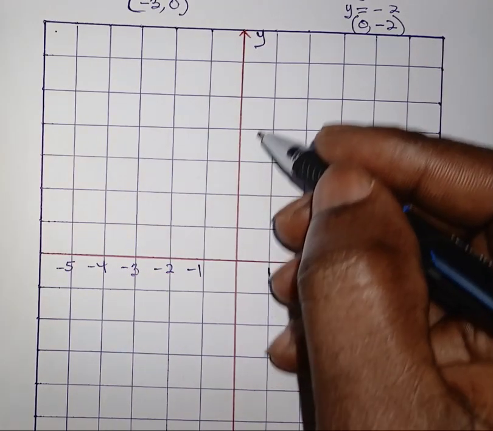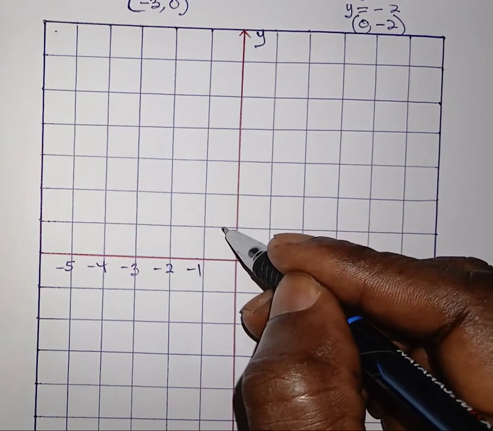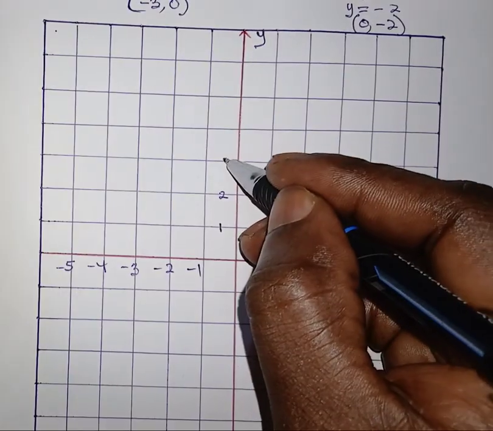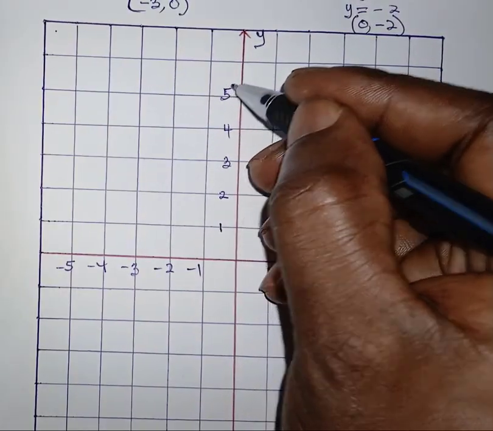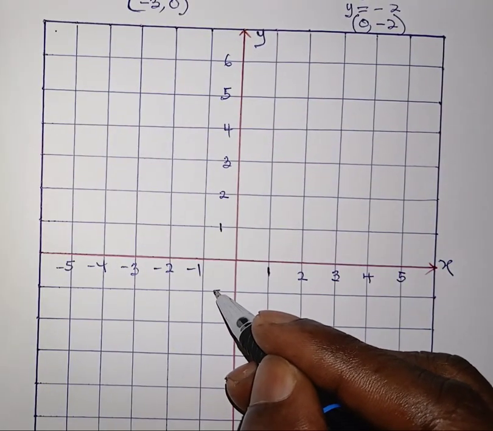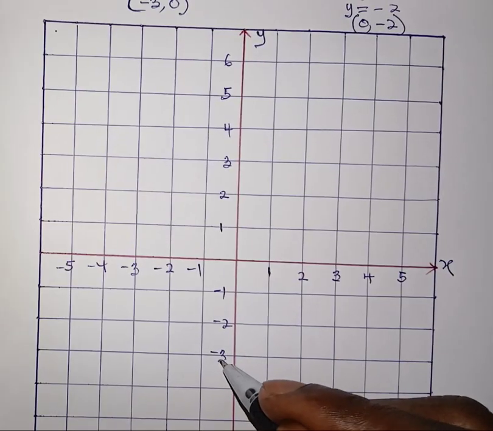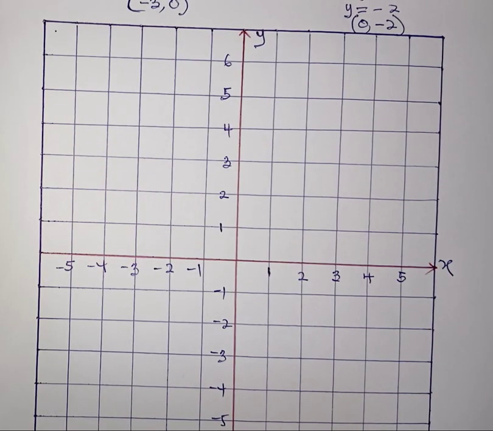Then on the vertical, I'll have my 1, 2, 3, 4, 5, 6. Then I will have negative 1, negative 2, negative 3, negative 4, negative 5, negative 6.